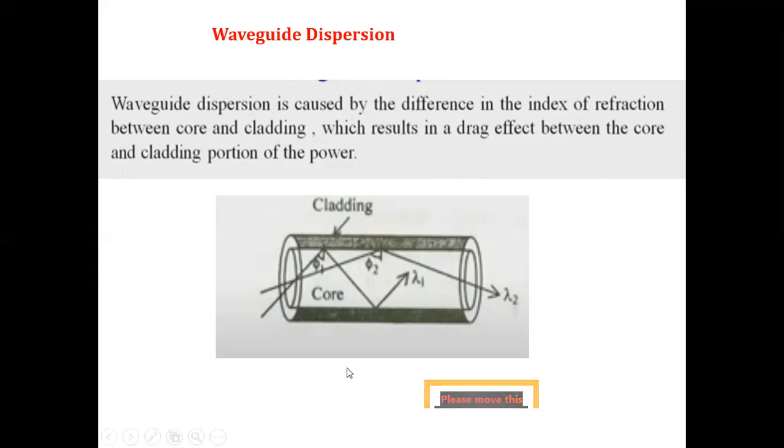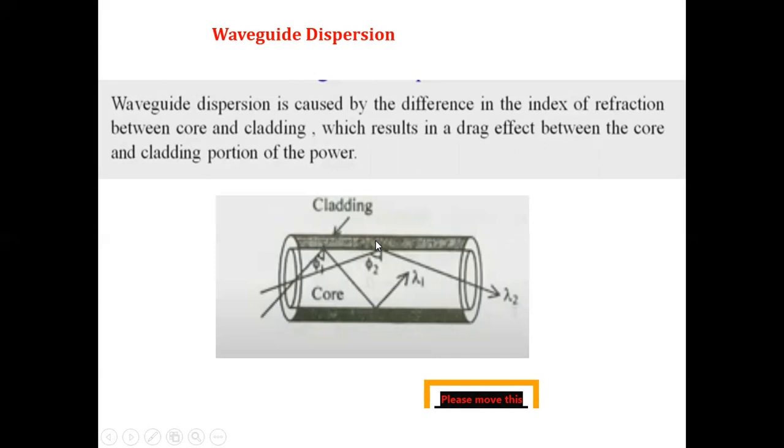So here 80% of the optical power will be confined in the core. The dispersion thus arises, since 20% of light propagating in the cladding travels faster than that confined to the core, right? So here 80% will be traveling towards the core, and the remaining 20% will be traveling towards the cladding in a faster manner.